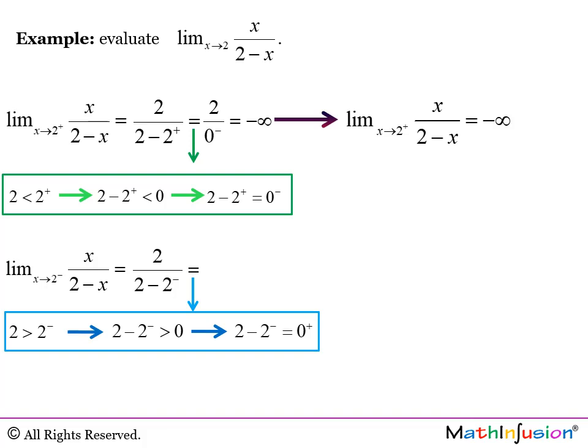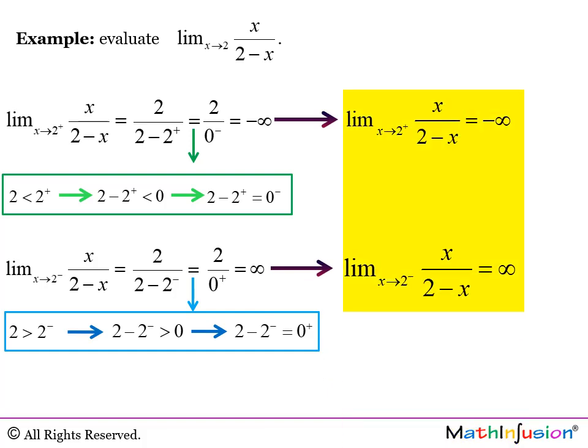So we get 0 plus. So the limit is 2 over 0 plus, which is plus infinity. Now we have to observe those two limits. Definitely they are not the same. We can conclude that the limit at x equals 2 itself does not exist.